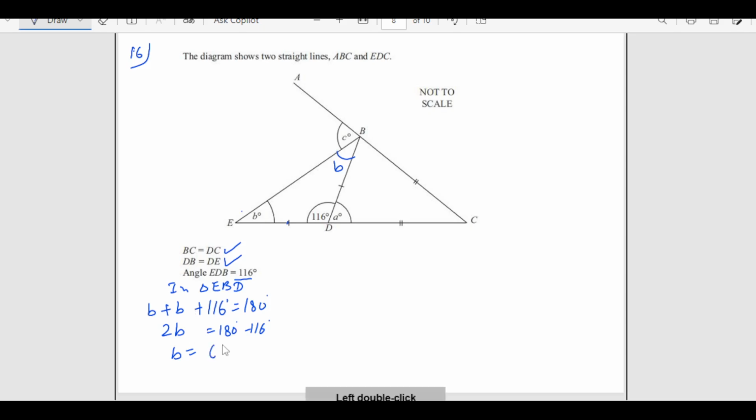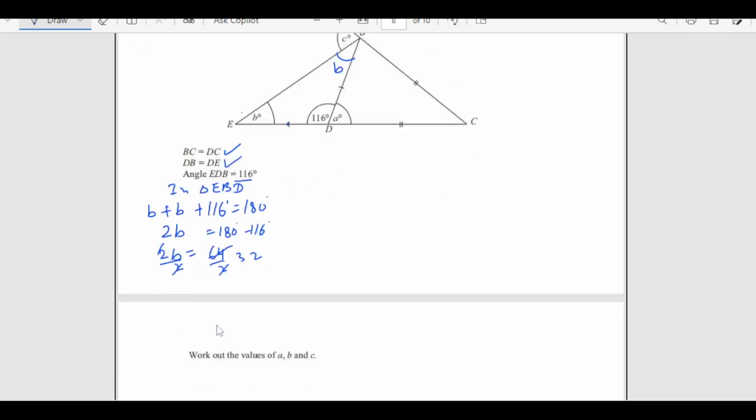Dividing 2B by 2 and 64 by 2, this is going to be 32. So we got the value of B as 32.